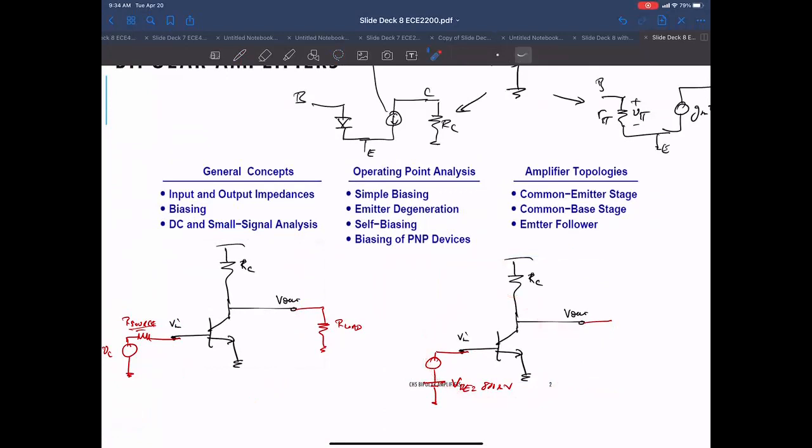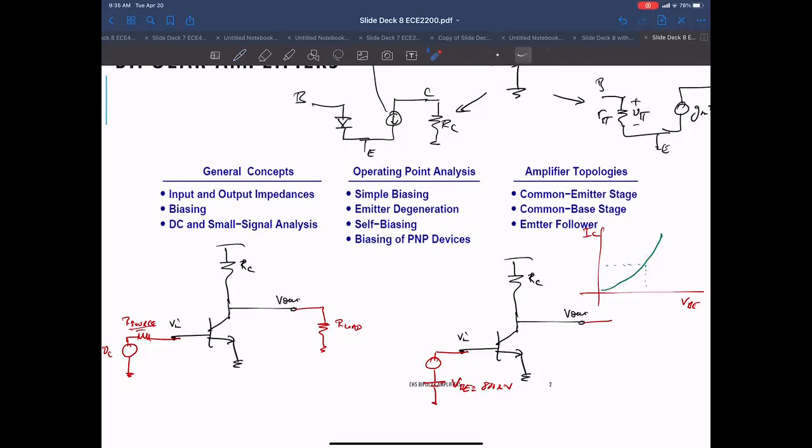By the bias, we meant this transistor: if I look at the base-emitter voltage versus the collector current, we want this amplifier to be working at a place where I have a reasonable amount of collector current, so that I get a certain amount of gain and performance. We looked at all those in detail.